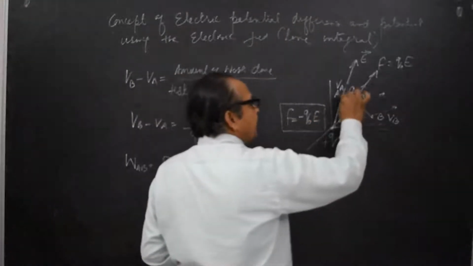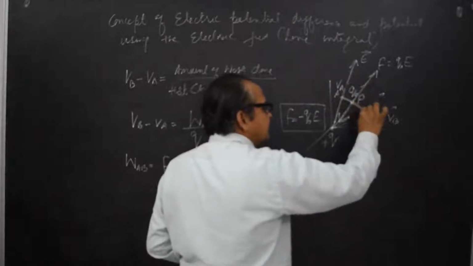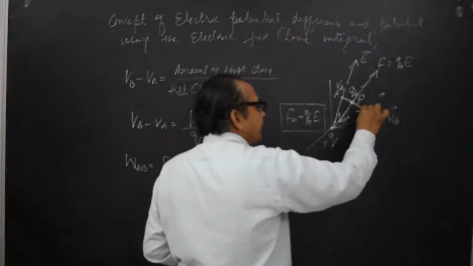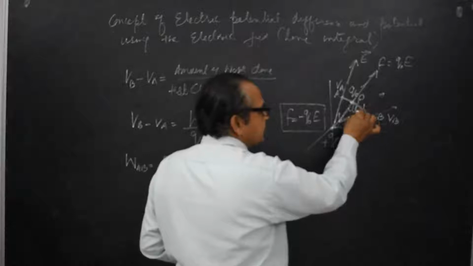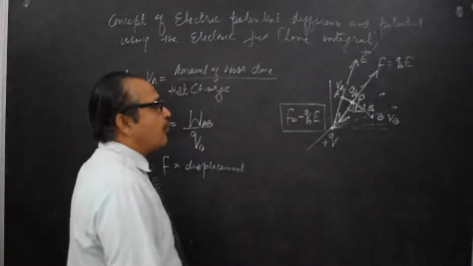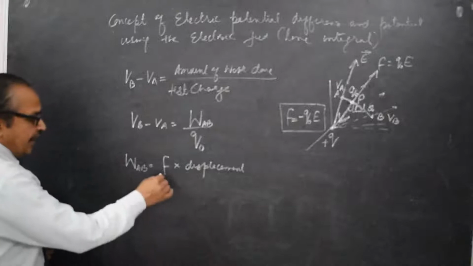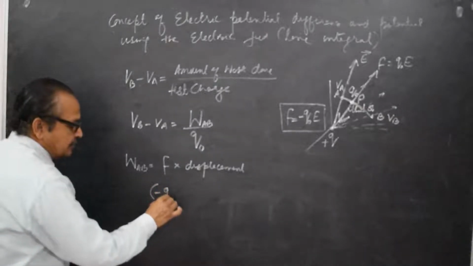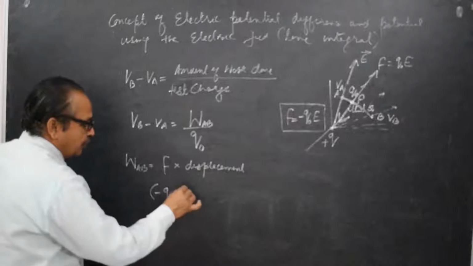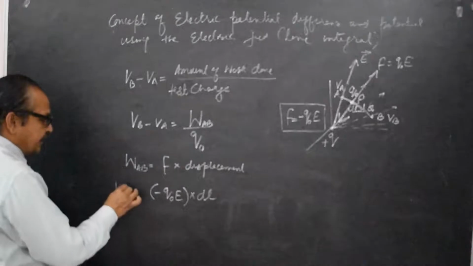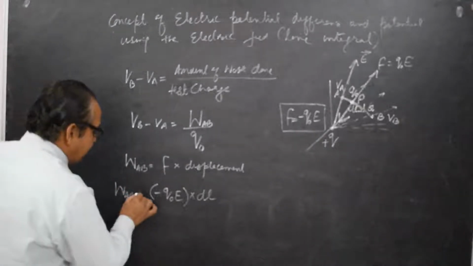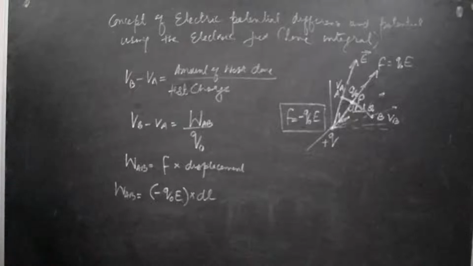If the force is being applied, let us say this force makes the movement along AB for a small distance dl and reaches the point Q. तो F क्या है हमारा बेटा? F is minus Q naught E, multiplied by the displacement, that is dl. So WAB is equal to minus Q naught E into dl.